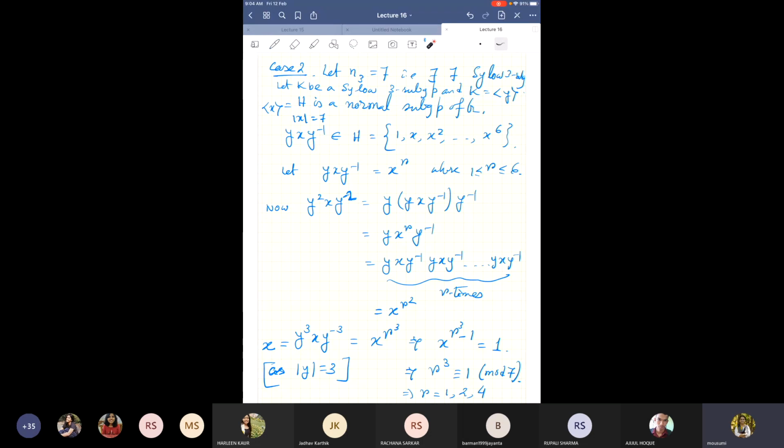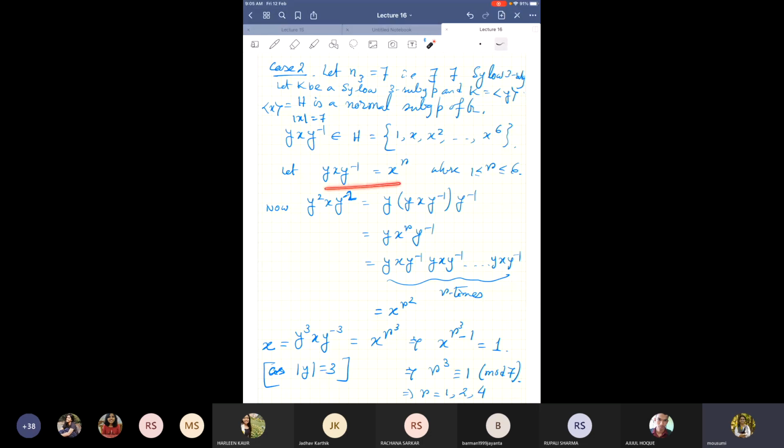I am calling it K. It is a Sylow 3 subgroup, so therefore its order is 3, and 3 is a prime number, therefore K will be a cyclic group, so K will be generated by a single element that I am denoting by Y. Is this fine? Okay, ma'am.